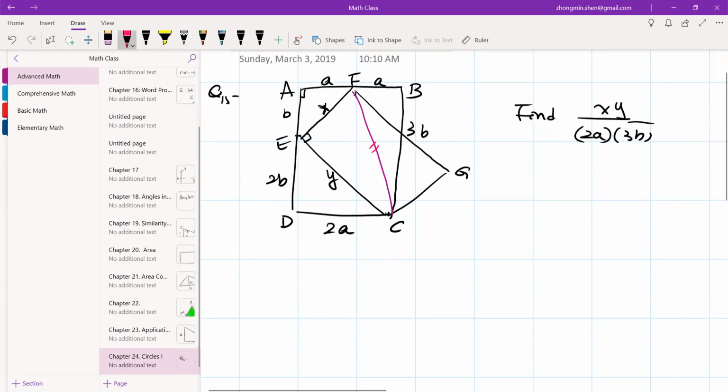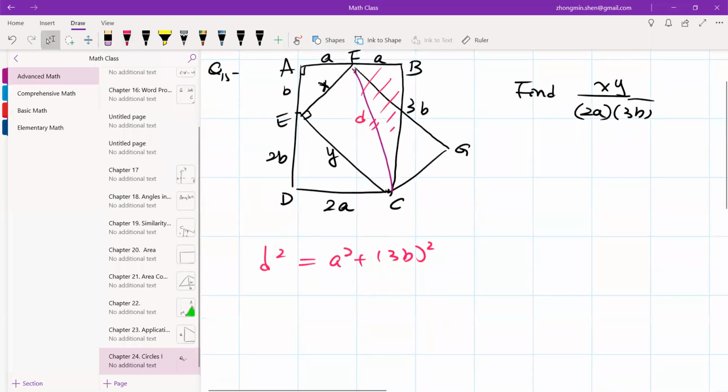Apply the Pythagorean theorem to both triangles, then we get the relationship between A and B. Let's call this D. So D squared, using this triangle, equals A squared plus 3B squared. But on the other hand, this is going to be X squared plus Y squared.